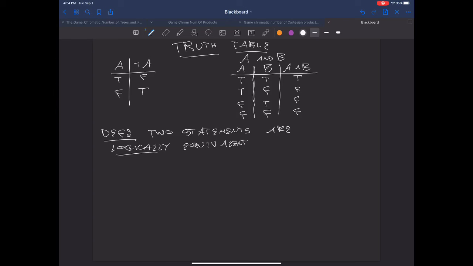Two statements are said to be logically equivalent if and only if they have the same truth table. Or the same truth values, since sometimes the truth table is infinite and you can't actually write it down. Basically it's saying that two statements are exactly the same, just two different ways of writing it down.